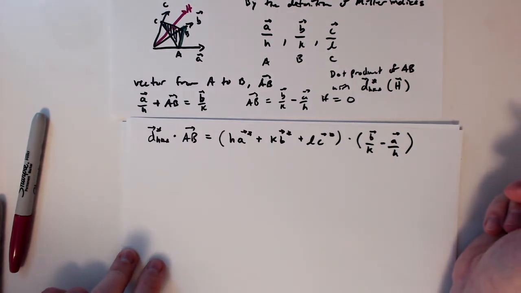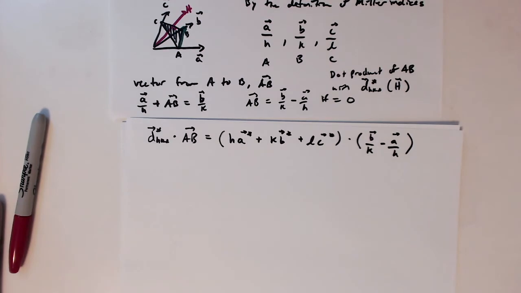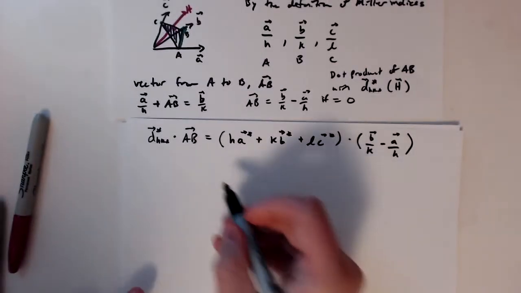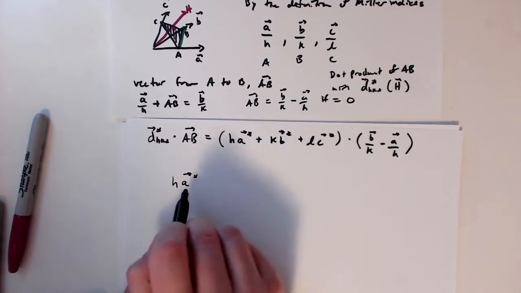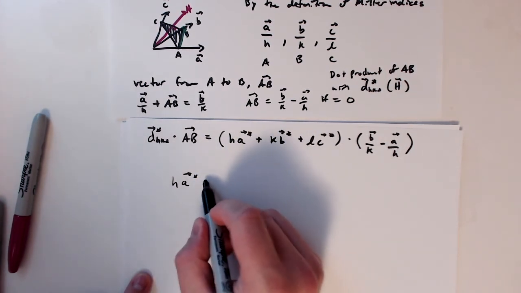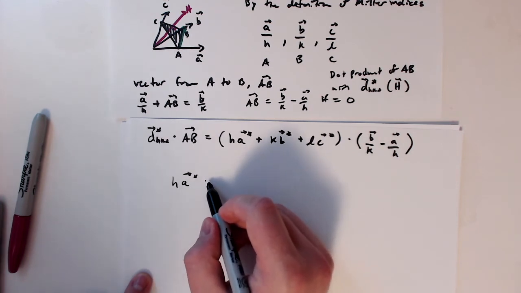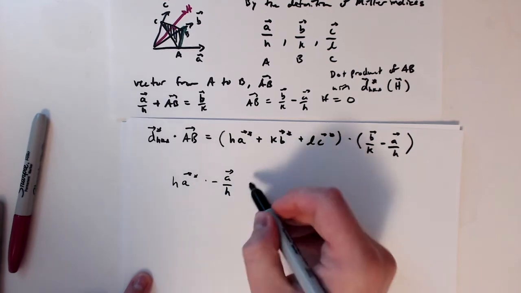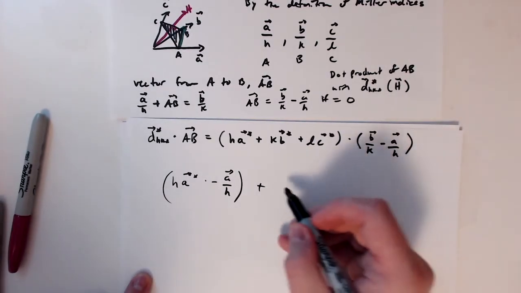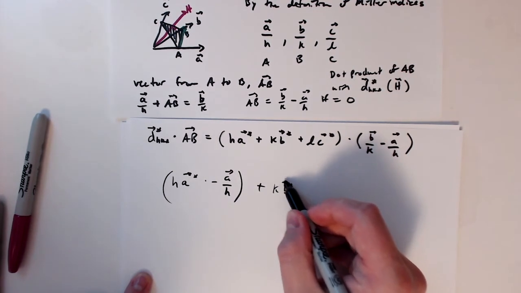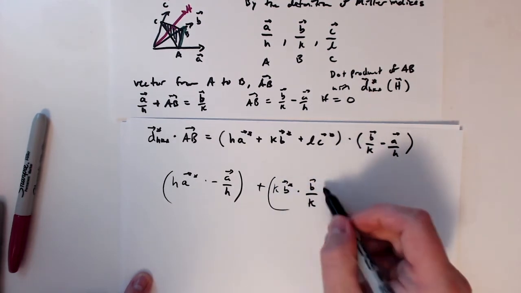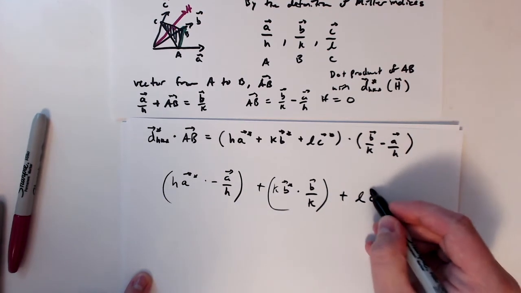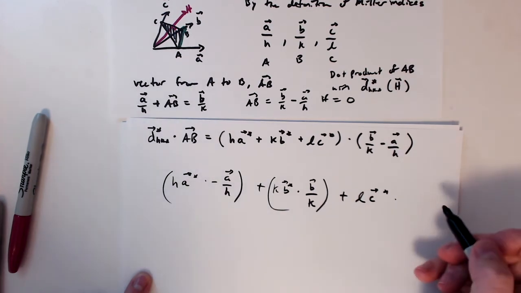All right. So when we take the dot product of this, we're taking H A* times minus A over H, plus K B* times B over K, plus L C* times 0.